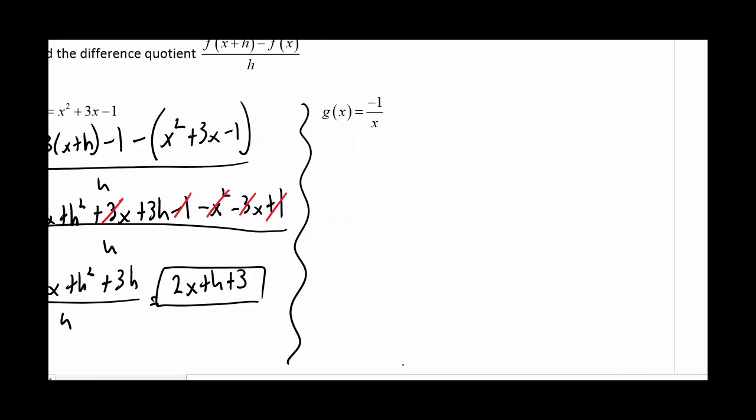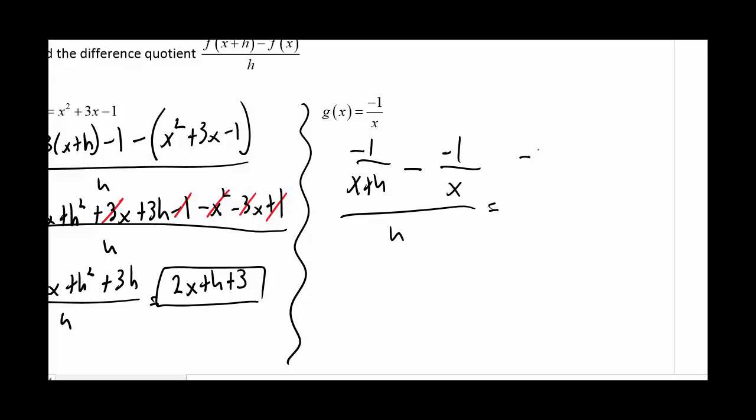Okay, in g of x, so I've got negative 1 over x plus h minus a negative 1 over x all over h. Okay, so I'm going to go ahead and find a common denominator up in the numerator first.